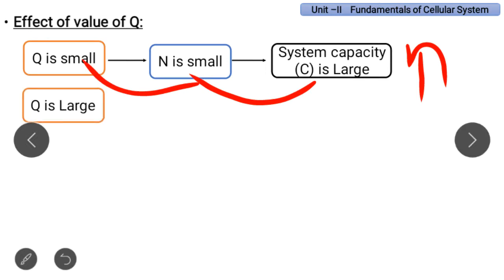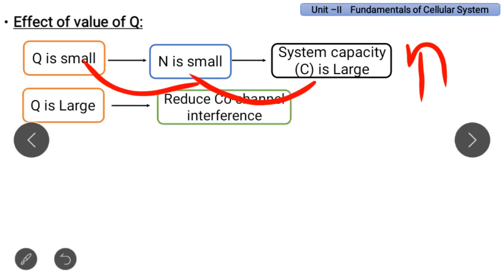Then if q is large, what will happen? It reduces co-channel interference. We also always want to reduce co-channel interference.